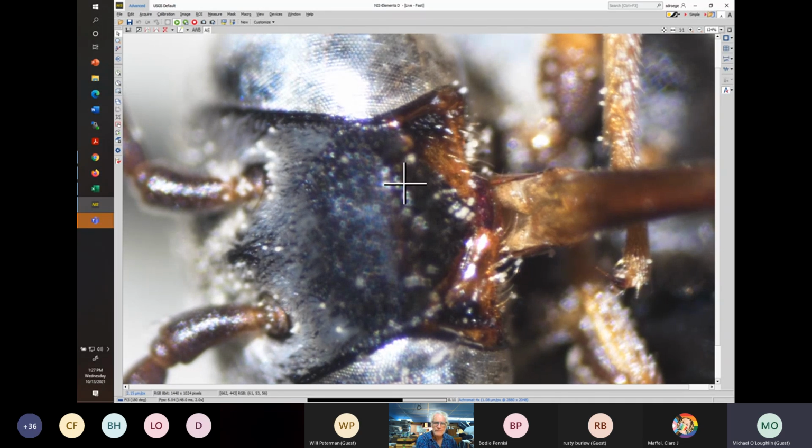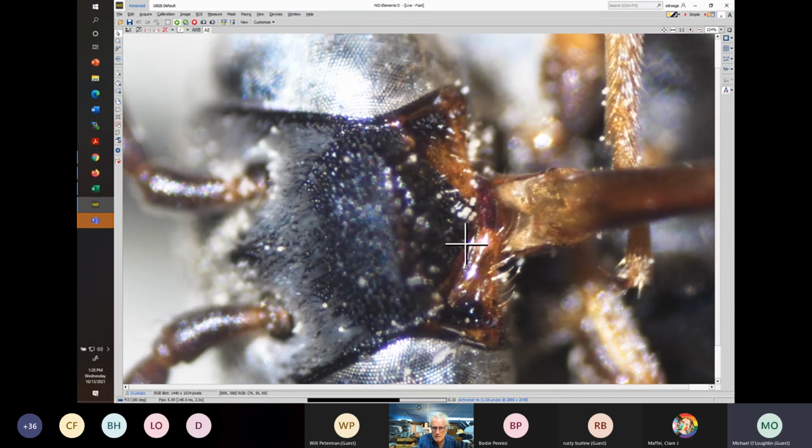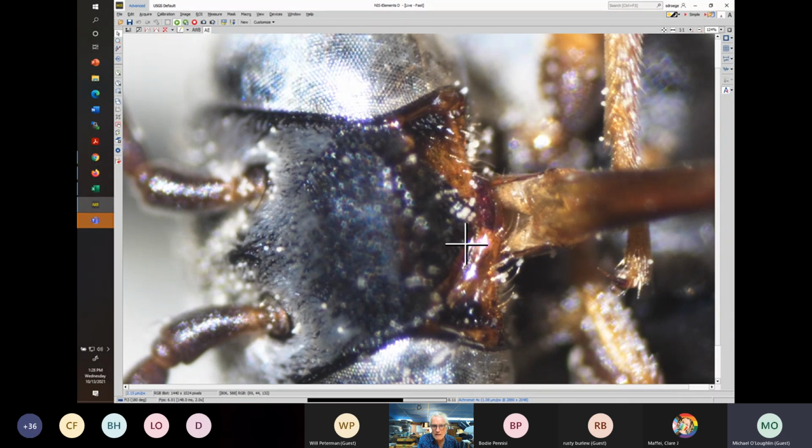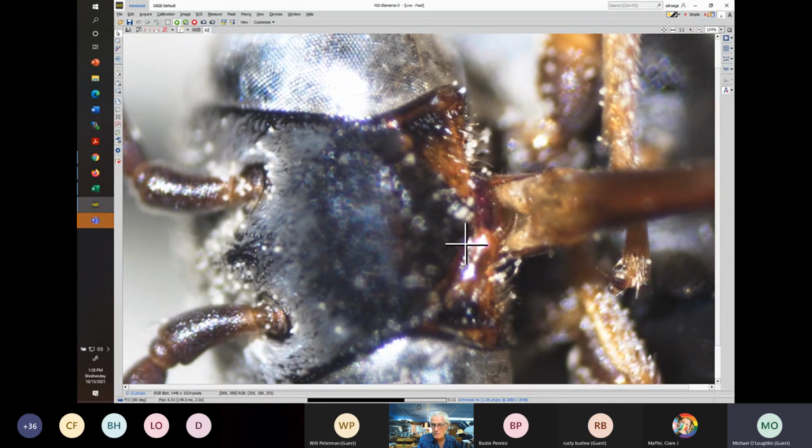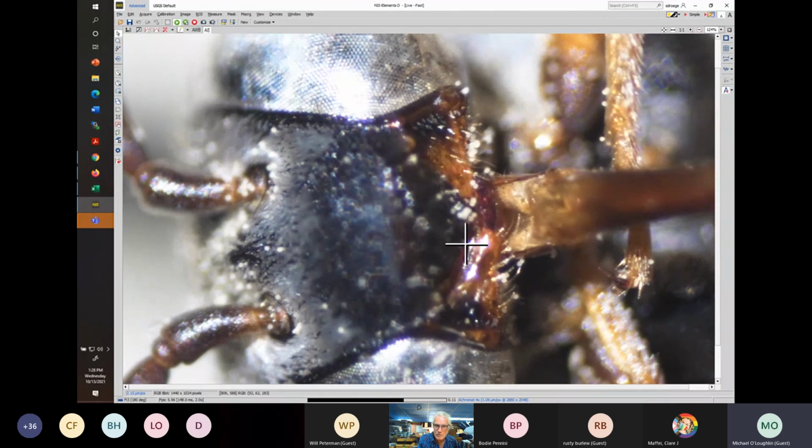I don't see, so there could be a tooth. So here's the mandible in question. I don't see something that I am going to call a tooth in that one. It could be there, but, and this is the problem. This is why when you're holding it in your fingers, and for example, in Nomata, there's a group of species that are bidentate, a tooth on the tip and a tooth on the side, and that is an important character.